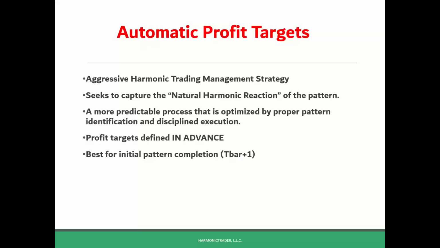Okay. We want to be able to understand, or at least expect, a certain outcome following the pattern. And to do that, we have to define the profit targets in advance, which we do, and respond to them.